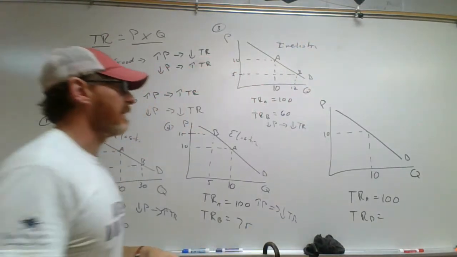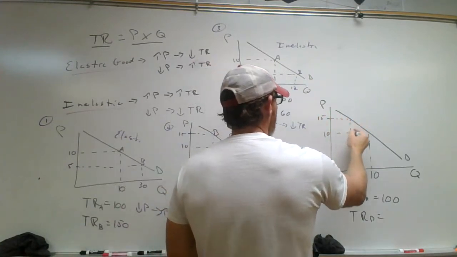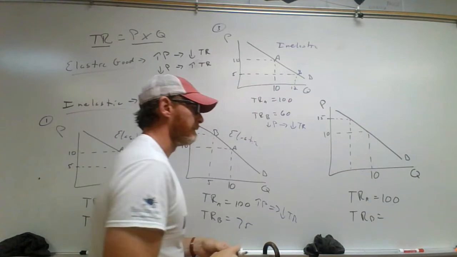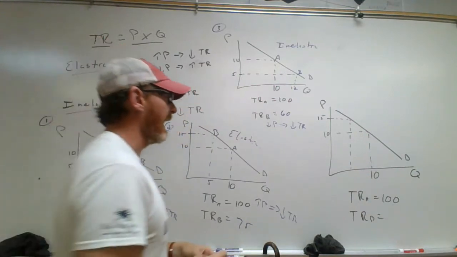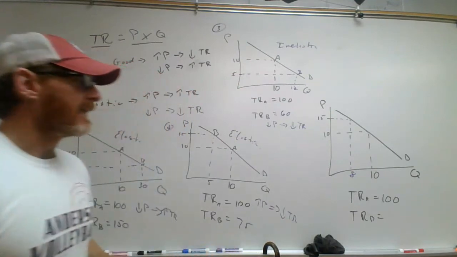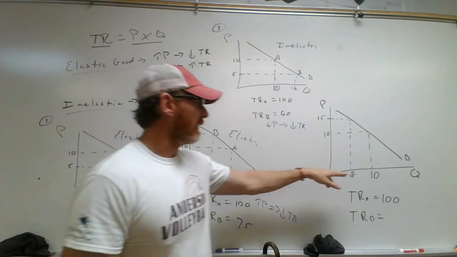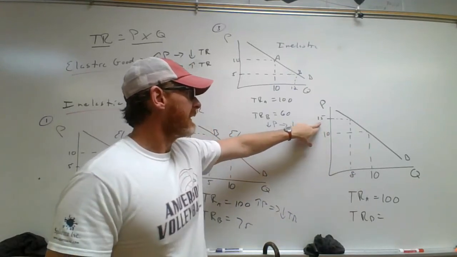So now let's say we raise the price up to 15. And let's say the quantity is 8. Again, it's not perfectly inelastic, or up and down, so we are going to have a little bit less, but the change in price here is 50%.